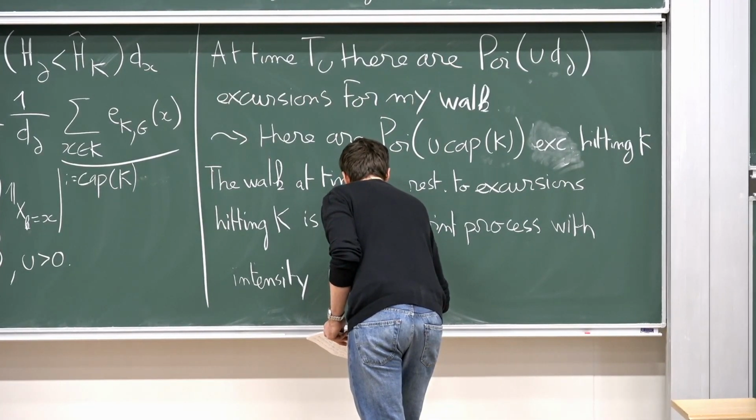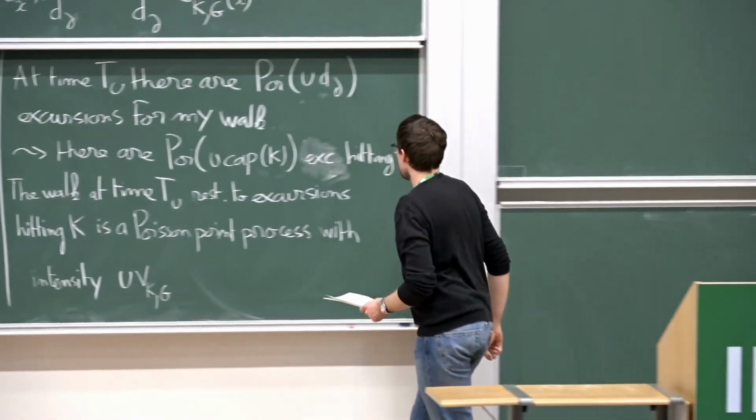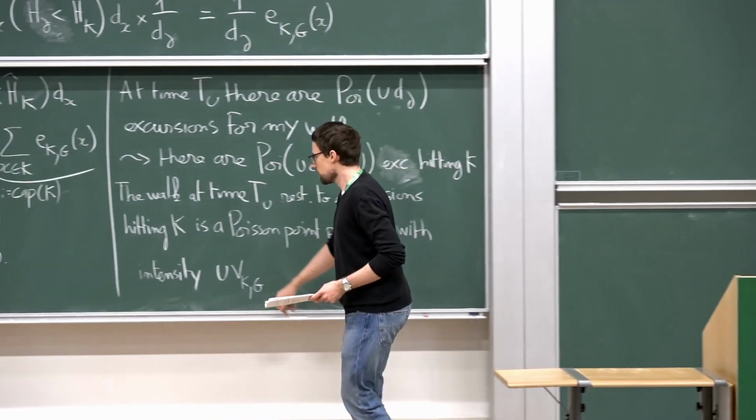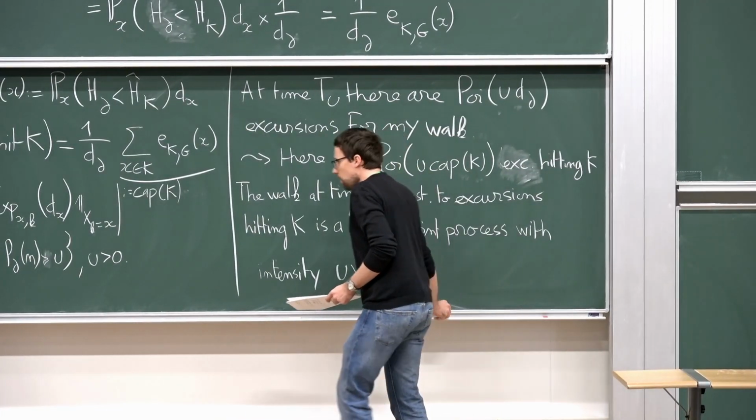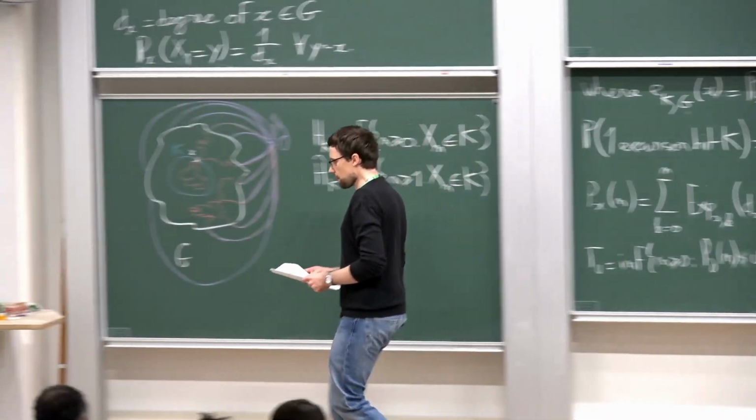Maybe let me keep the dependency on k. Okay, and this nu, what is it? It is exactly the law of my trajectories.